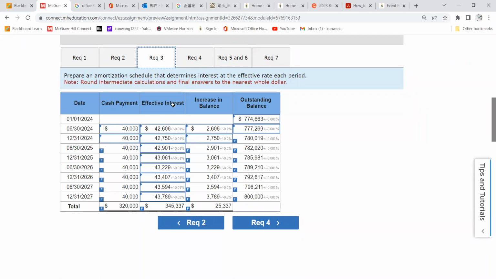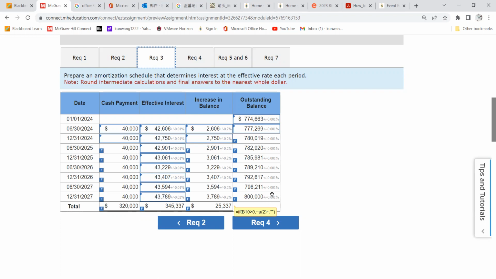And the difference between the market rate interest and the cash payments is the amortization for your discount. So we are reducing the total discount period by period. But the amortization of the discount will help you increase the outstanding balance, moving the lower outstanding balance gradually to finally the face value.